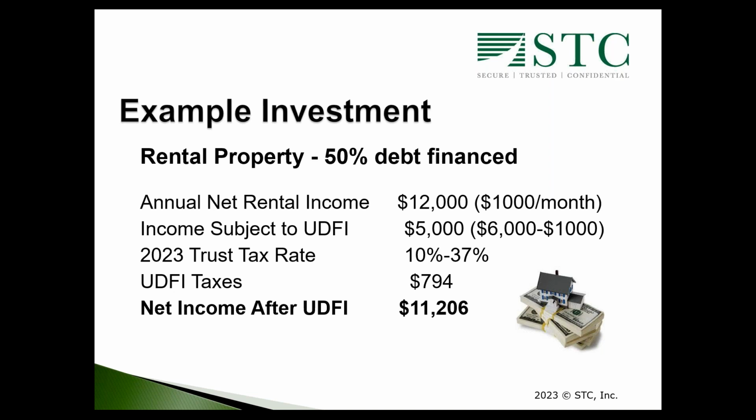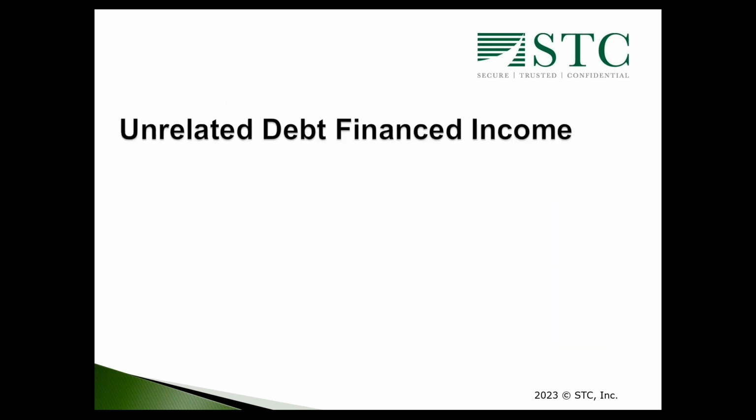So when you are considering this type of an example, what you want to do is maybe do some estimates as to what your net income would actually be after taxes, because $11,206 might be worth it to do this investment and go through the borrowing of funds. So just something to think about.